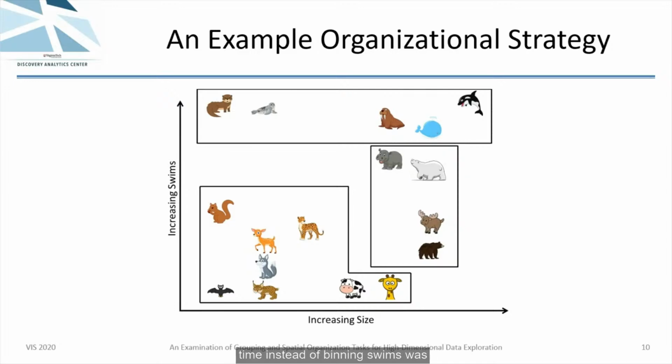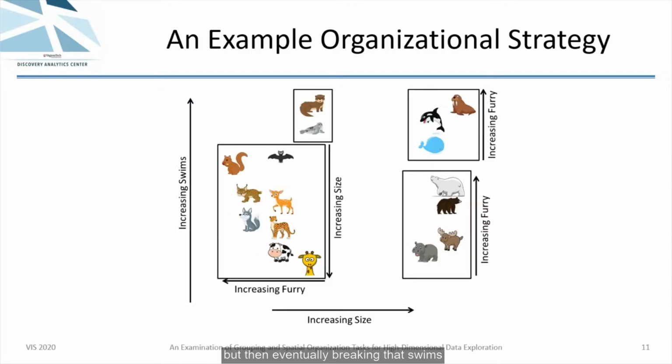This time, instead of binning, swims was treated as continuous data. The bins were still maintained along the x-axis, but there was a more continuous spectrum along the y-axis for swims. At this point, the participant was beginning to think about formal clusters in the data, originally creating 3 clusters for animals that do swim, sort of swim, and don't swim, but then eventually breaking that swims cluster up into big and small animals.